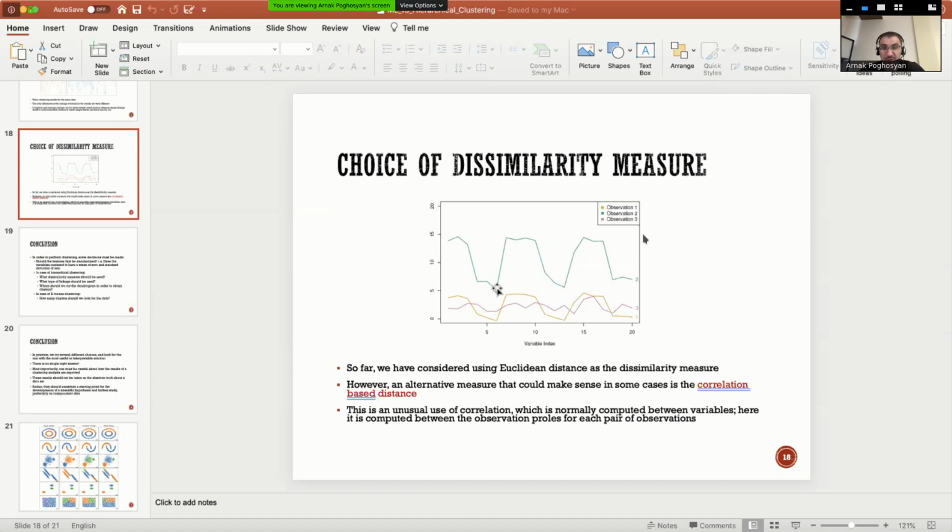So when one is going down, the other is also going down. When one is going up, the other is also going up. So you see, they are correlated, increasing, decreasing simultaneously. So although the Euclidean distance can be rather big, this correlation coefficient can be rather small. And for different applications, maybe it is better to use correlation than Euclidean distance.